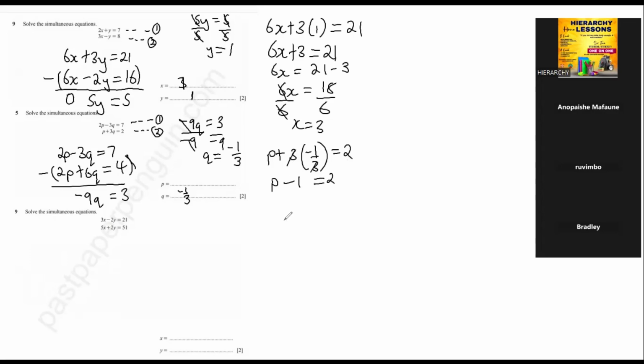Then the minus 1 goes to the other side and becomes a positive. So p is equal to 2 plus 1, which is 3. Okay, thank you, ma'am. So p is equal to 3 and then q is equal to minus 1 over 3. Okay, Bradley, you're up.